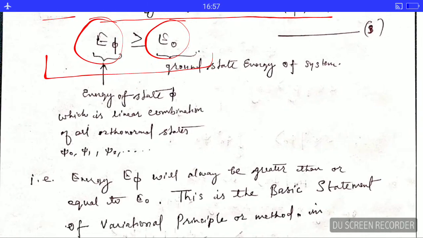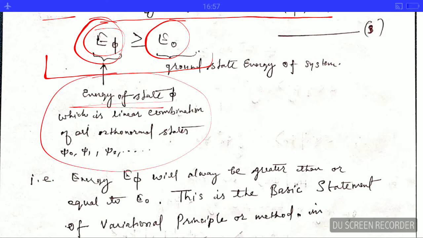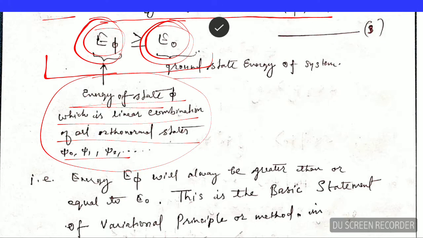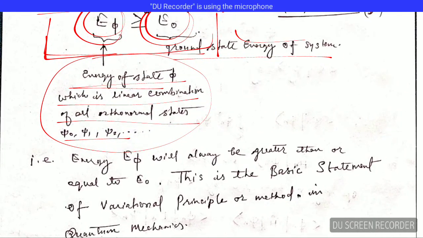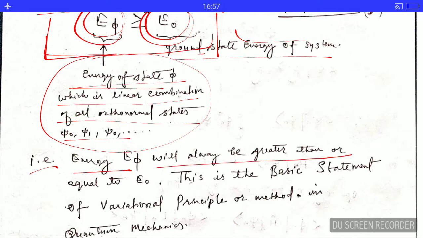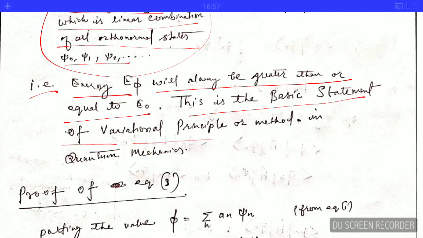This is the energy of the state phi, which is the linear combination of all the orthonormal states, and E0 is the ground state energy of the system. So the energy E phi will always be greater than or equal to E0. This is the basic statement of the variational principle or method in quantum mechanics.